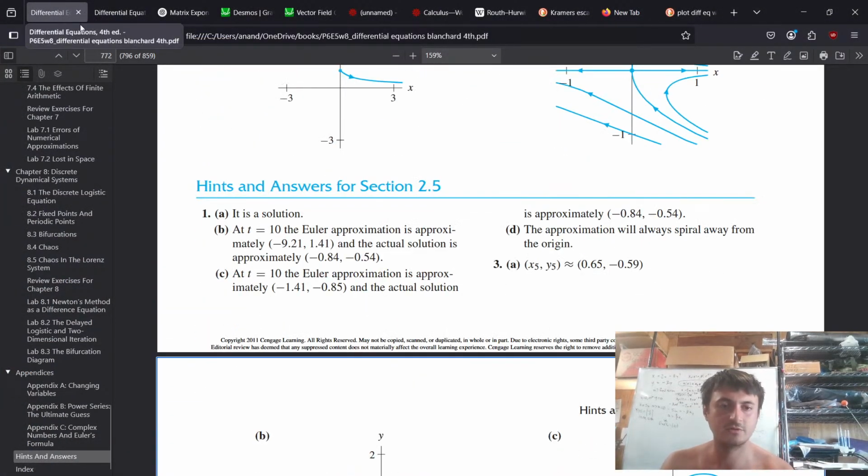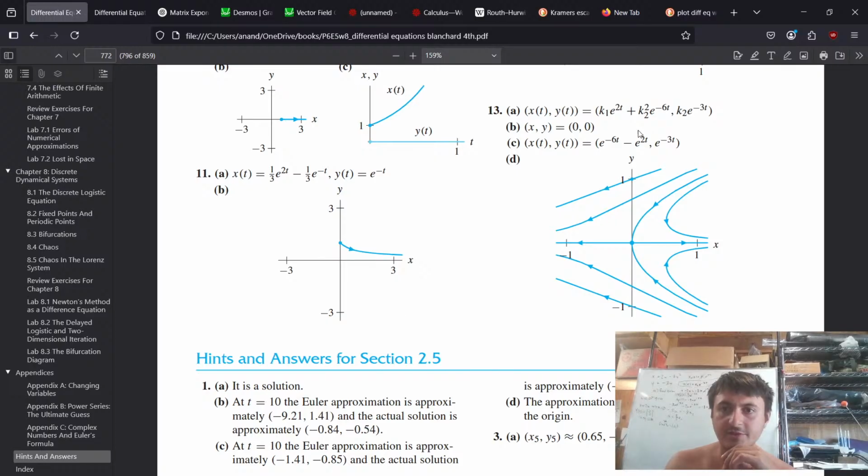Let's see. Find the equilibrium solutions. That was correct. Let's see. K1 e to the 2t plus 8. Oh, interesting.